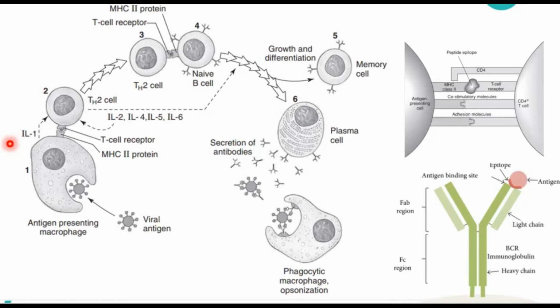Then the T helper cell, which is stimulated by IL-1, recognizes the epitope and class 2 protein on the macrophage and is activated, and then secretes IL-2, 4, 5, and 6. These epitopes are recognized by the antigen-specific Th cells, which then secrete these right away.